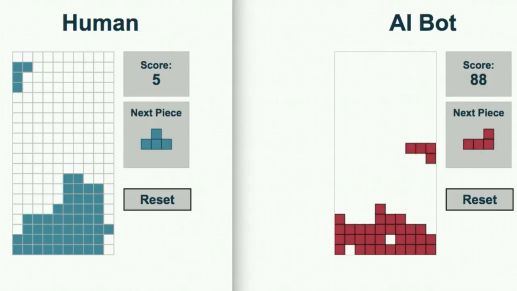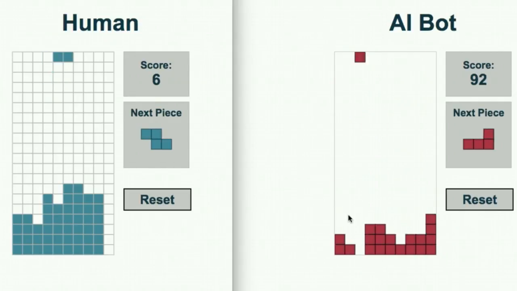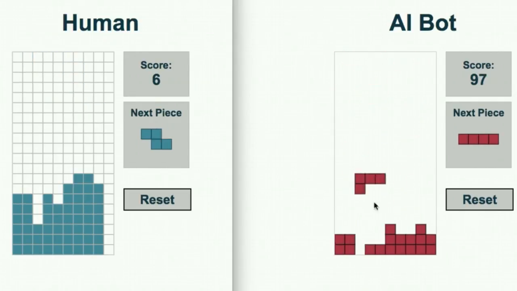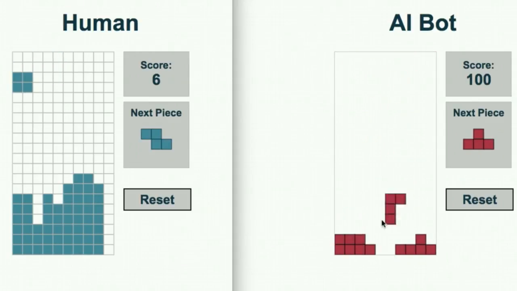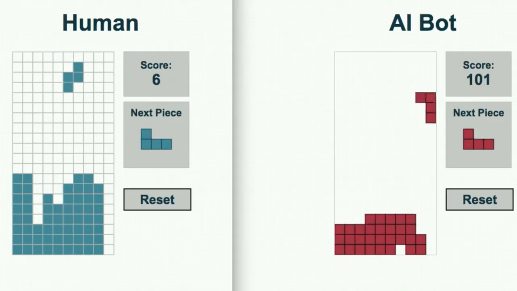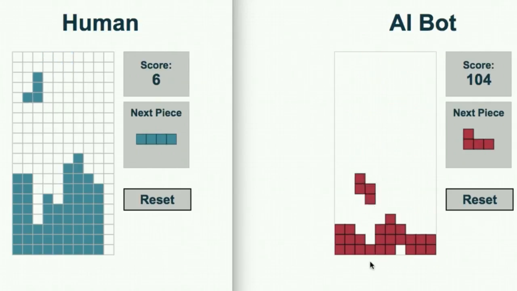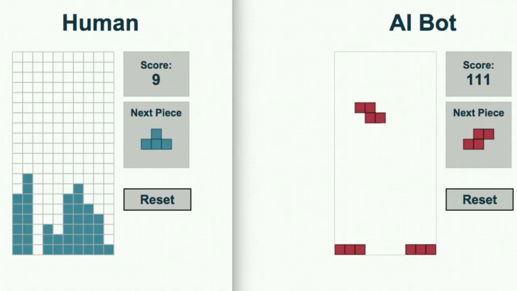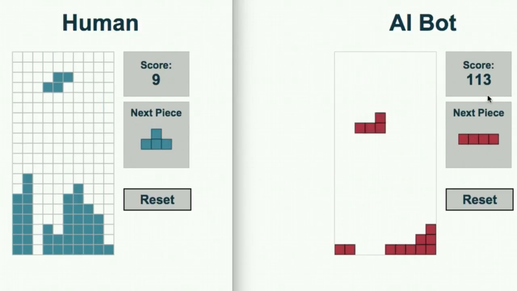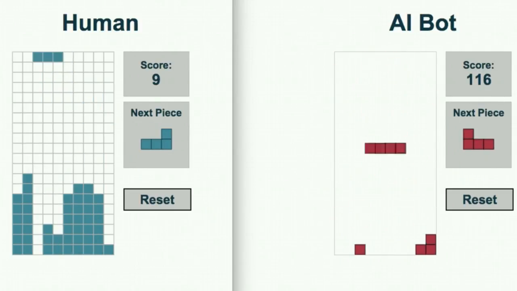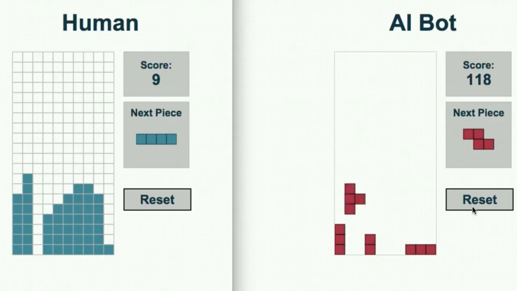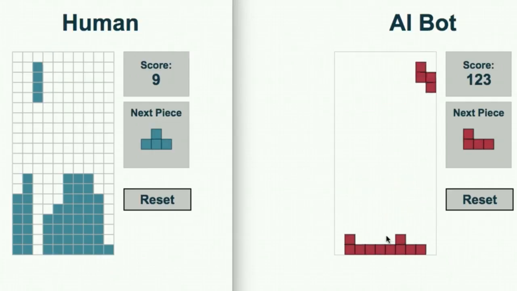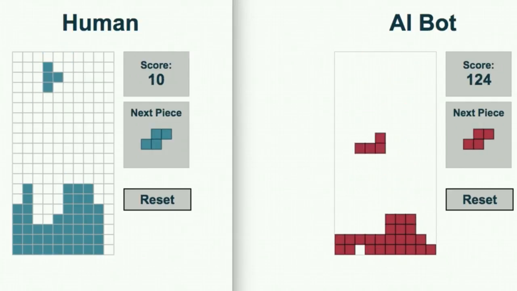It's trying to keep the level of the columns relatively flat and avoiding making any random column really high compared to the other ones. Right now, Jenny has a score of 7, and the bot has already cleared over 100 lines. This will keep on going until the entire board is filled.